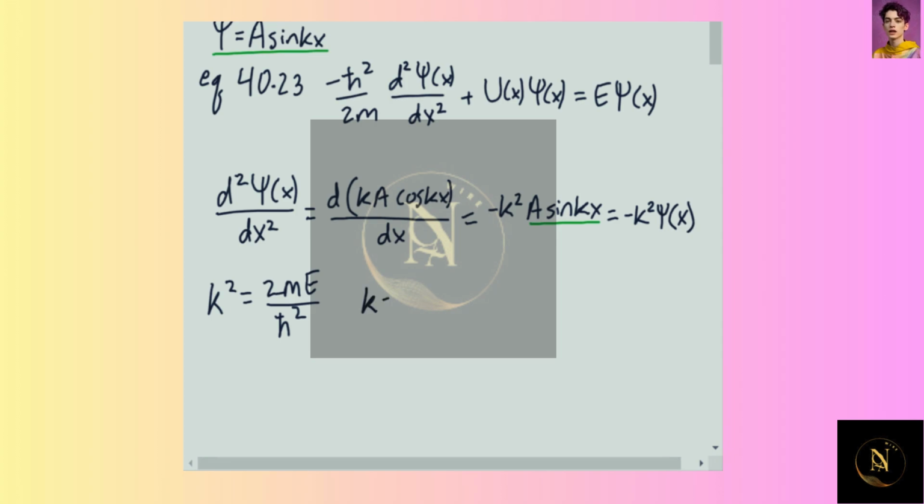So k equals 2mE over h bar squared to the 1/2 power, and this can be simplified to 2mE to the 1/2 power over h bar. So that is our value for k.